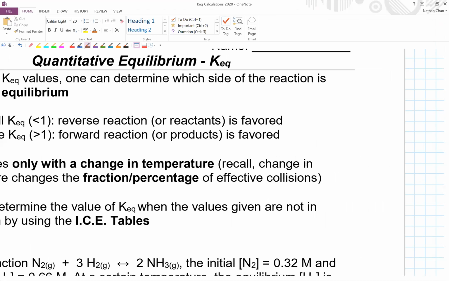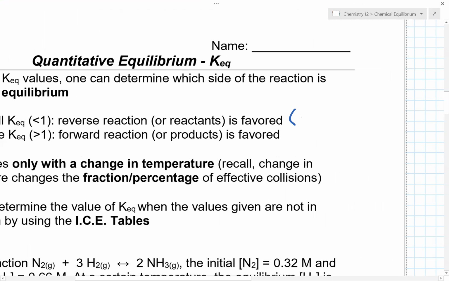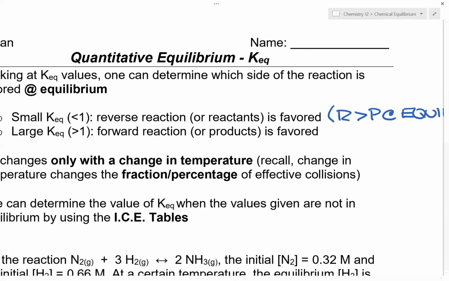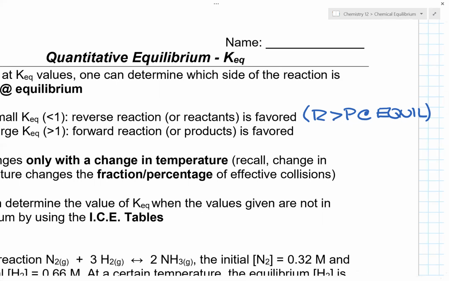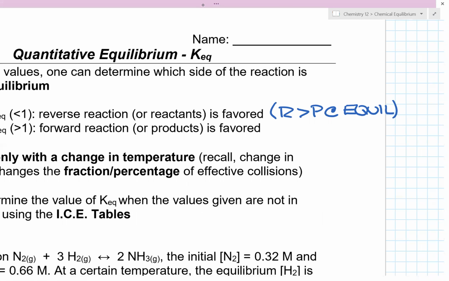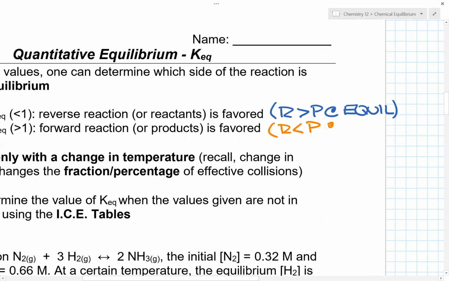Another way you can think about it is the reactants are more than the products at equilibrium. For a large KEQ, the forward reaction or products are favored. What does that mean? It means in this case, the products are greater than the reactants at equilibrium.